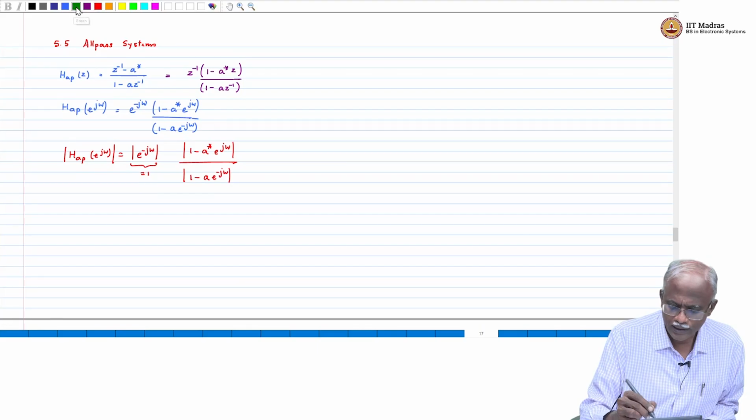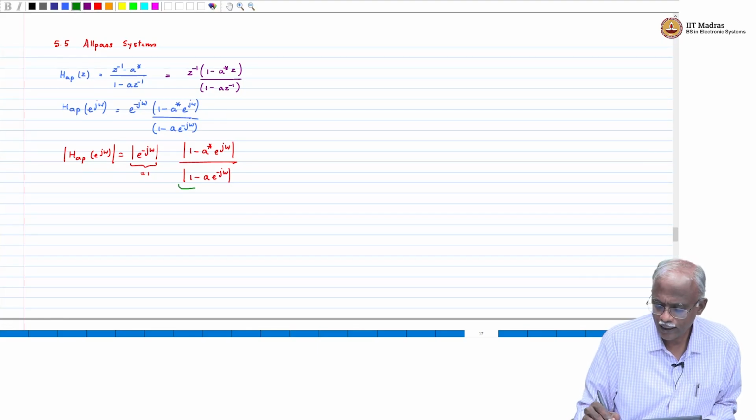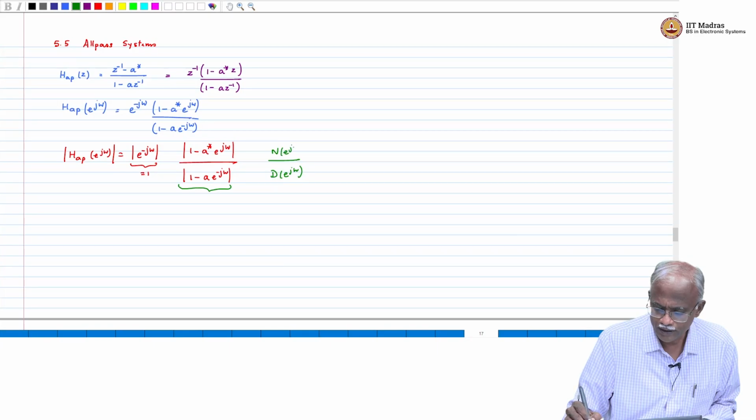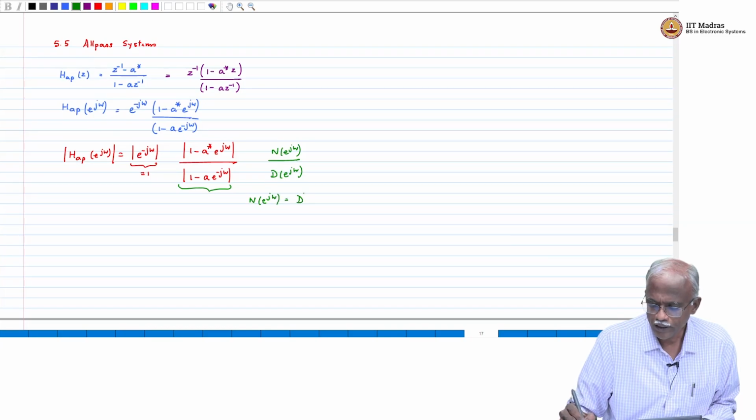Now notice that if I call the denominator function D(e^{jω}) and the numerator N(e^{jω}), then N(e^{jω}) is equal to D conjugate(e^{jω}).